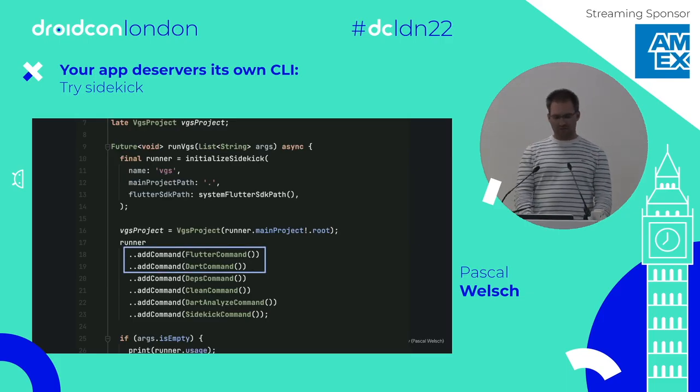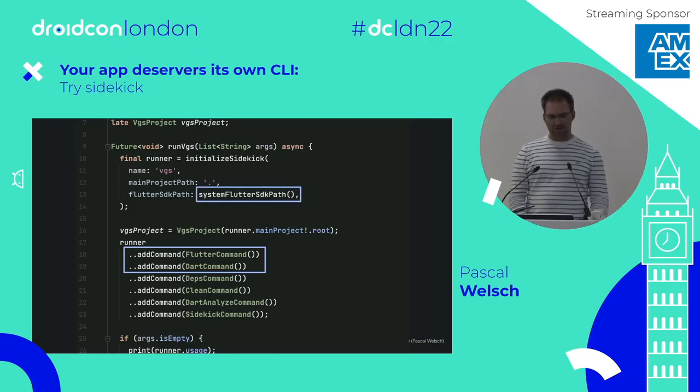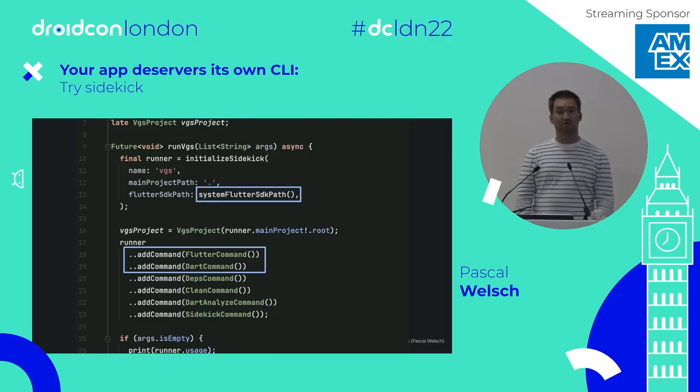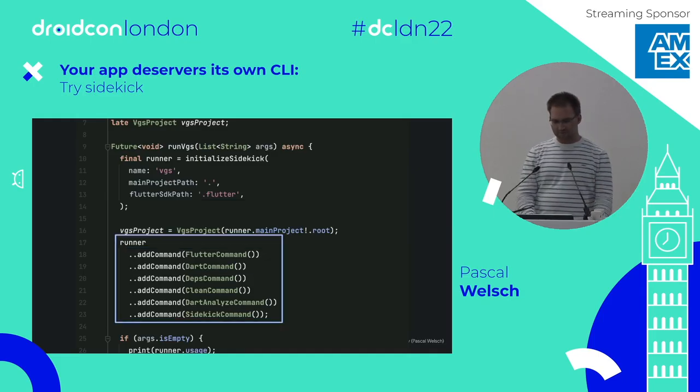These are the Flutter and Dart commands, and they basically look for the Flutter SDK path, which you can provide here on top, by default from the system, but it could also be from the Flutter wrapper, which saves it into the .flutter folder in the root of your repository. Those paths are relative to the root of your repository, but that can be changed. It's Dart code, you can change it however you want.